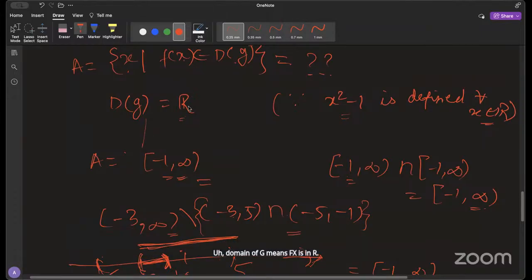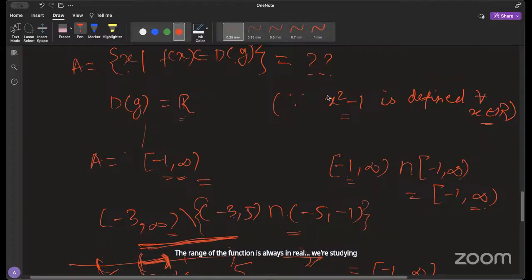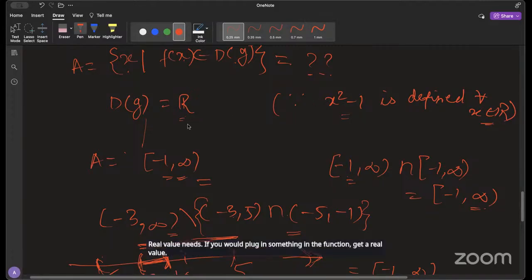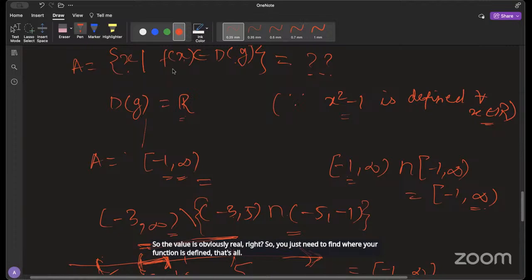So fx would obviously be in R because the codomain or the range of the function is always real. We're studying real valued functions, right? Real valued means if you plug in something in the function, you get a real value. So the value is obviously real. You just need to find where your function is defined. Where the function is defined, your fx would obviously be in R because it's a real valued function.